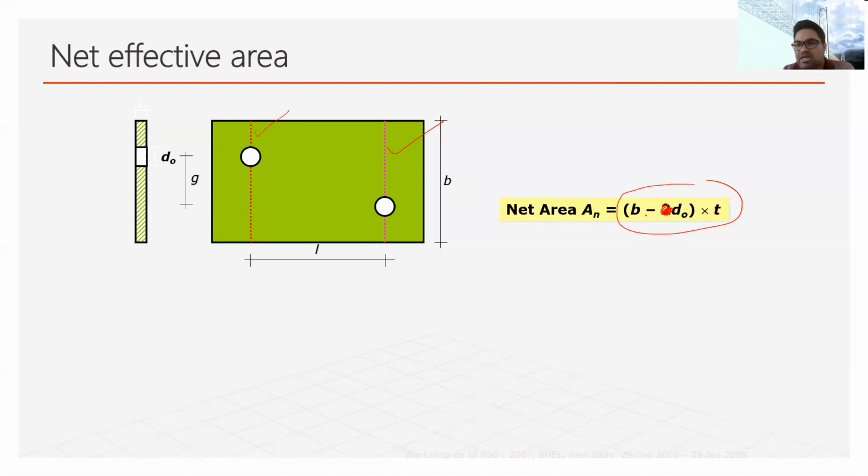In both cases, it will be B minus D naught multiplied by T. So either you calculate the net effective area along this section or along this section, the value will be B minus D naught multiplied by T.